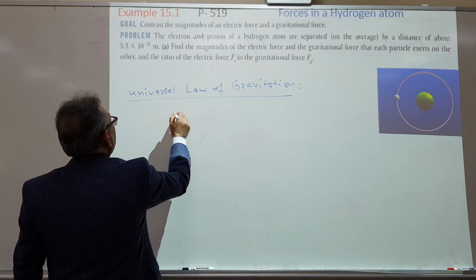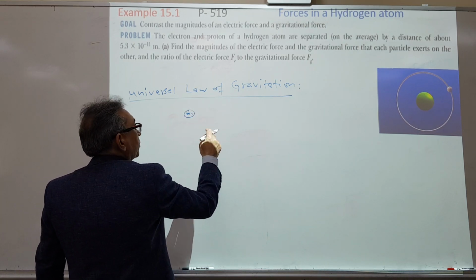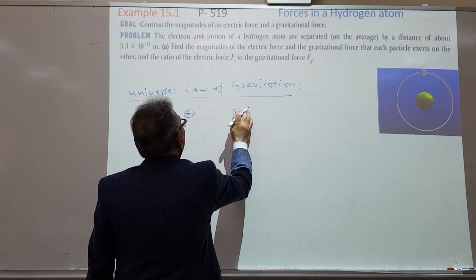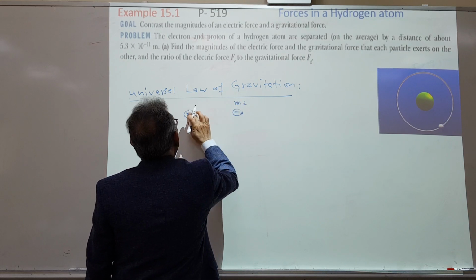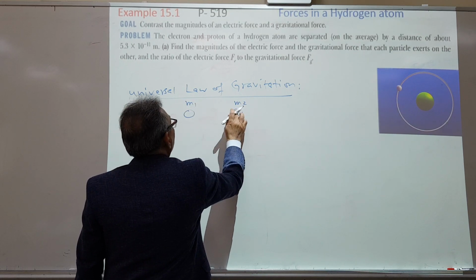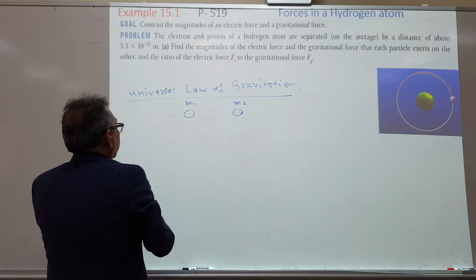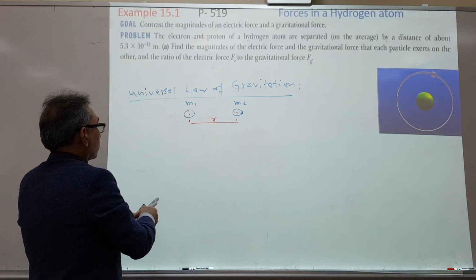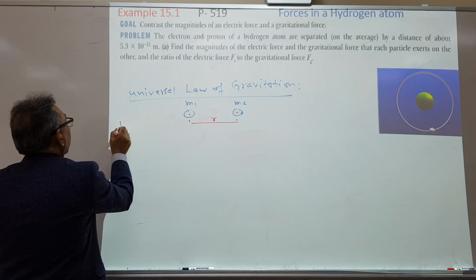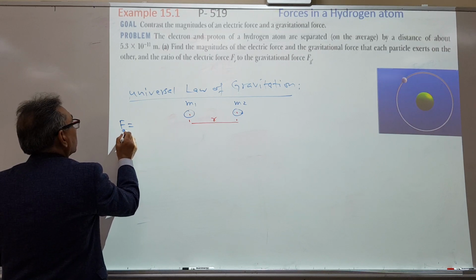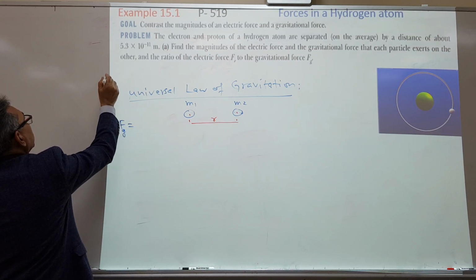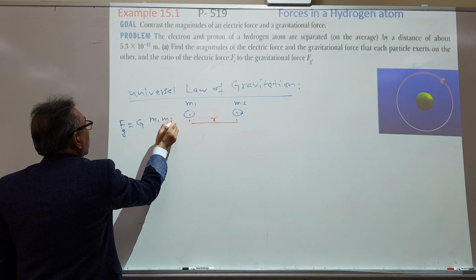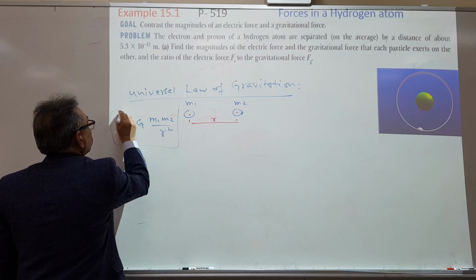And if you have one object, M1, before Q1, Q2 the charges, now the point masses M1 and M2, and the distance is R, the rule says that F is equal to, this is the gravitational force, and for electrostatic force we use F sub E. So this is G M1 M2 over R square.